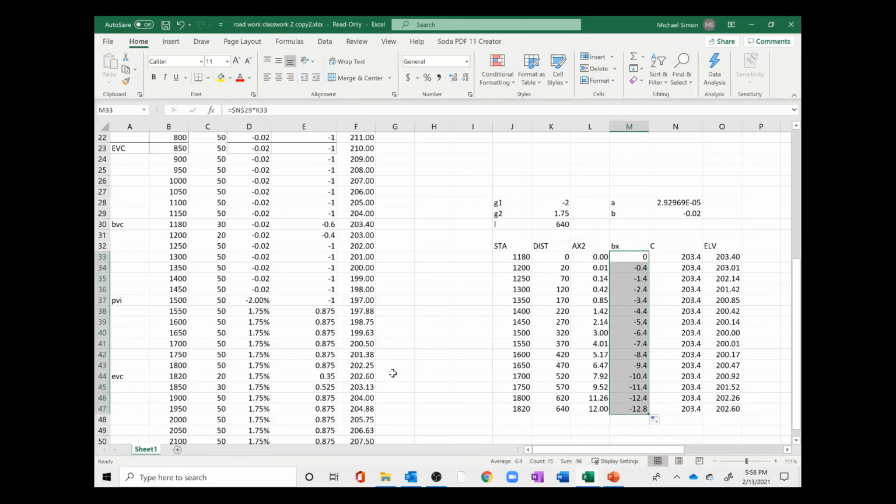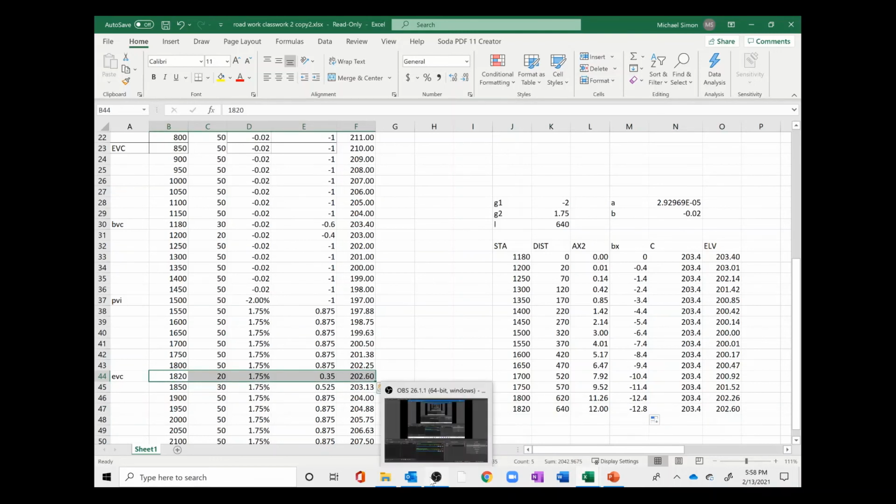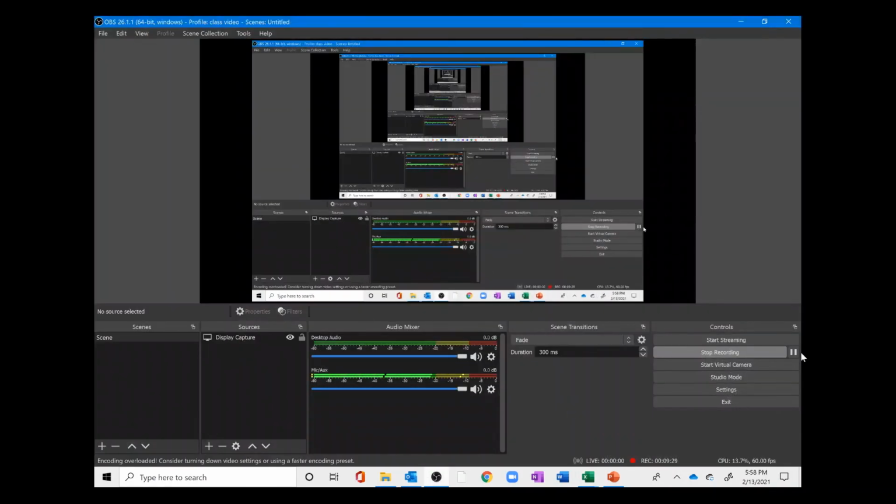All right. Let's take a look. So at 1180, 203.4. 1820, 202.6. Okay, that's what was off with it. So when the numbers aren't working out, that's how you have to kind of troubleshoot going through it. So check that out and let me know if there's any other questions.